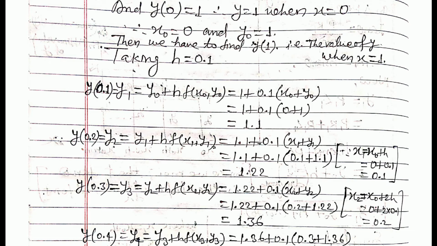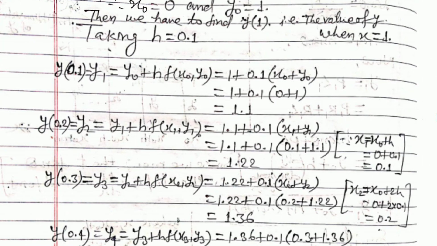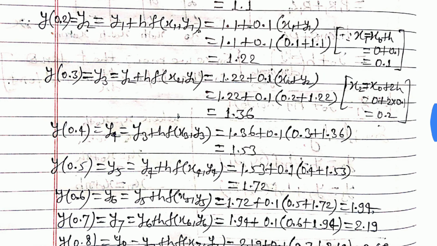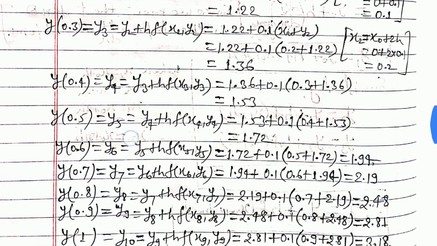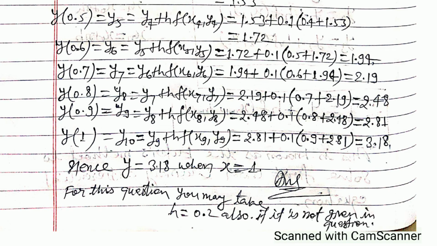Similarly, y when x is equal to 0.2 is represented by y2, y when x is 0.3 is y3, and so on: y4 for 0.4, y5 for 0.5, similarly y6, y7, y8, y9 and y10. Finally, when x is equal to 1, the value of y is represented by y10.